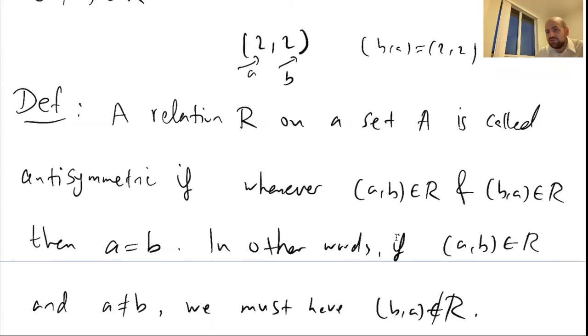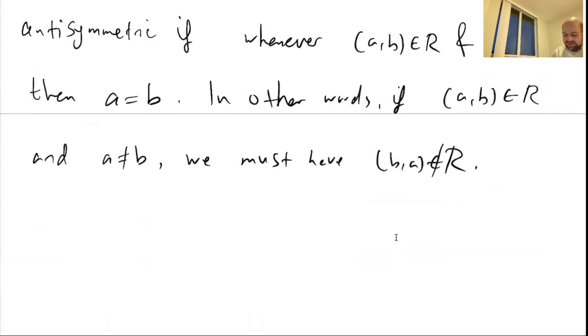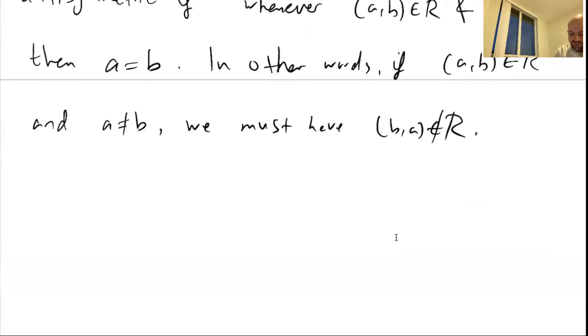Then we have a relation which is neither symmetric nor antisymmetric. Okay, so it is definitely possible to have a relation which is neither symmetric nor antisymmetric. I'm going to give examples for all of these, but let me first finish the definitions, and then I'll explain this definition a little, and give the examples as well.